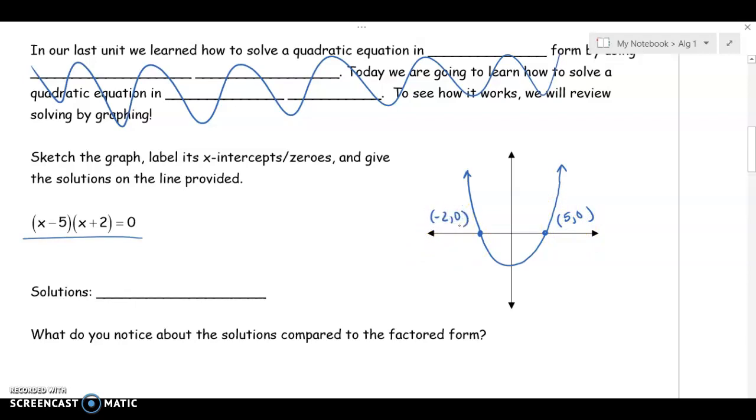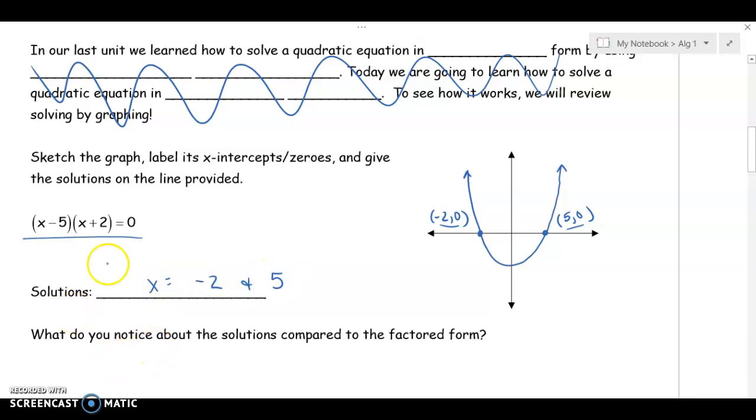All right. If you look at the relationship between the zeros, the x-intercepts, and this equation, your values are negative 2 and 5.